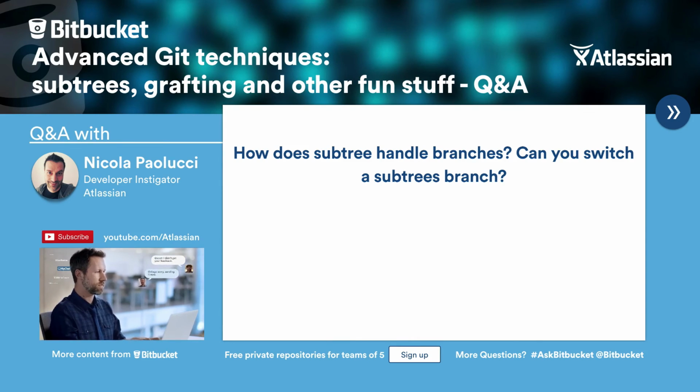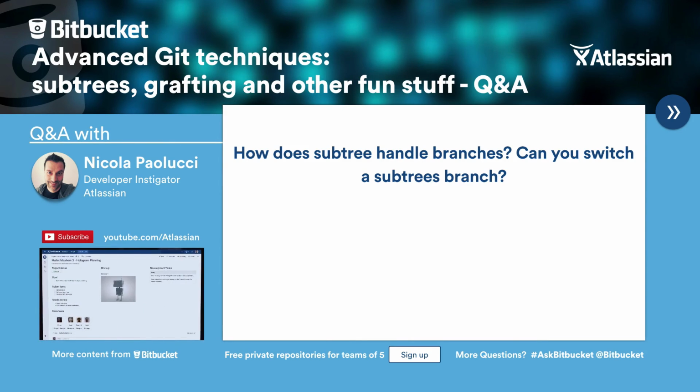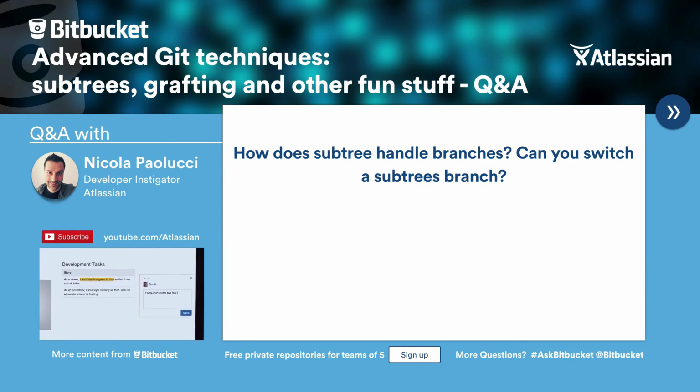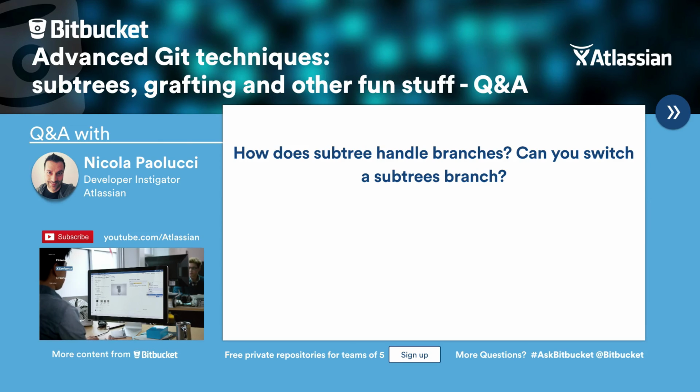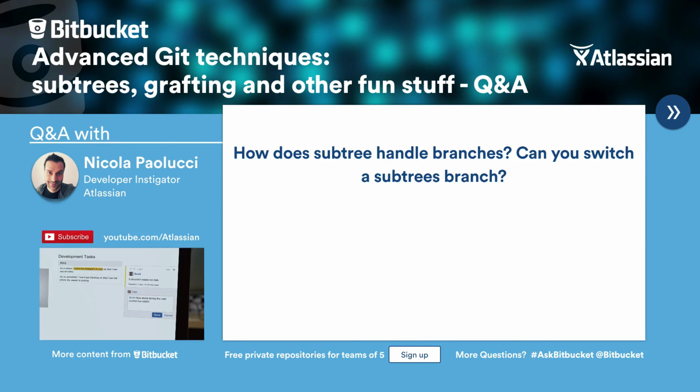So there's always a possibility to pull and update a subtree to a different version, and that will result in an update that is just a single commit. So it's fairly easy and painless to update a dependency when you use git subtrees. Hope that was clear enough.